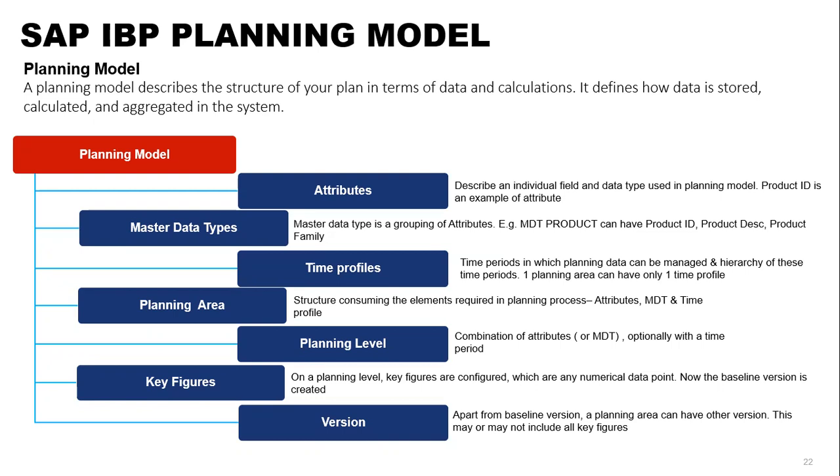Now we have one more dimension called time also, right? At which level you are planning, whether at the week level, the day level or the monthly level, those levels or hierarchies will be defined with the help of the time profiles.